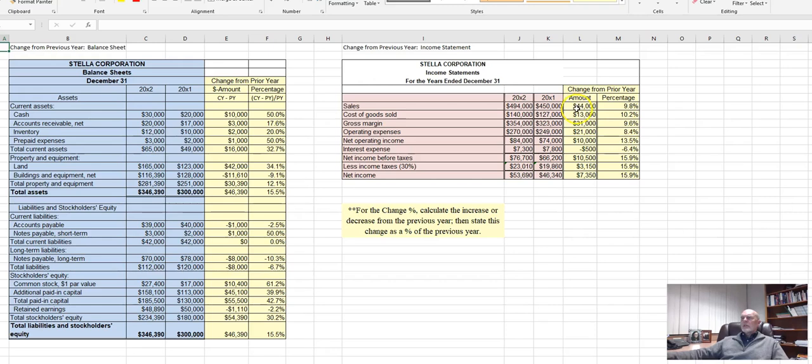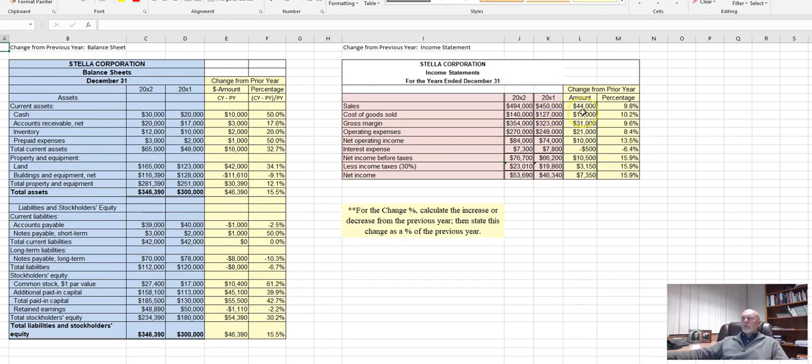Same thing with the income statement. For example, in the most recent year, 20x2, we had sales of $494,000. In the previous year, 20x1, sales were $450,000.